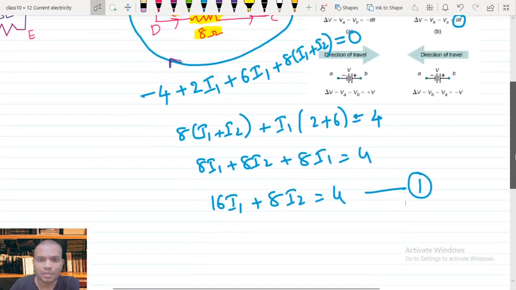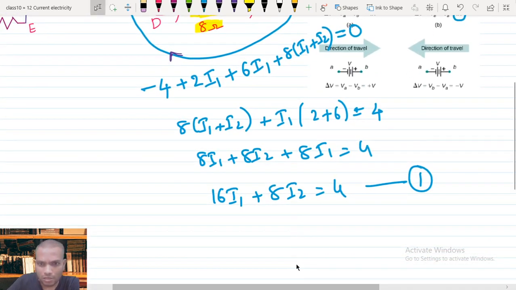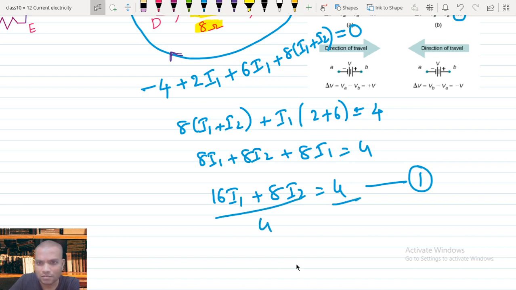Now let me consider another loop. Here you can simplify further. If I divide by 4 entirely for simplification, this equation reduces further to 4I1 plus 2I2 equal to 1.